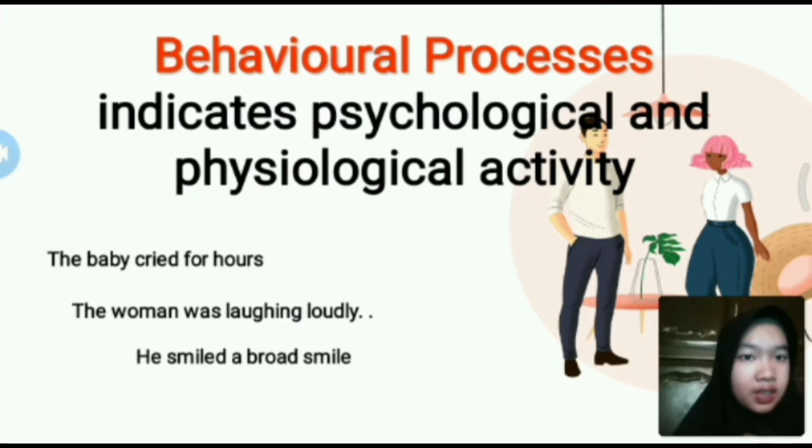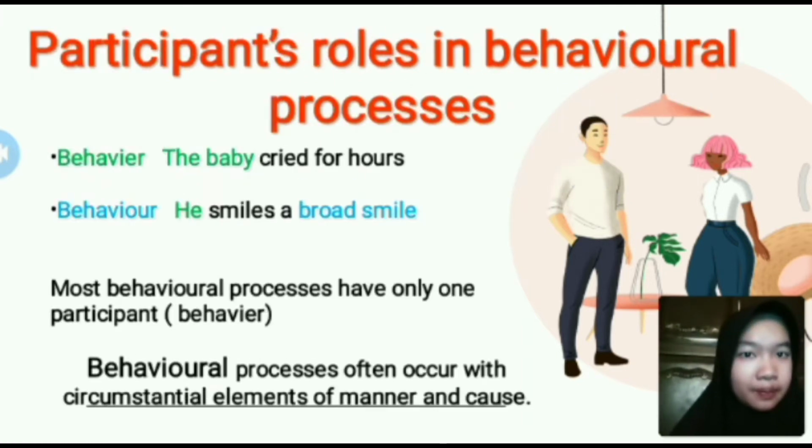Behavioral processes indicate psychological and physiological activity. For example, the baby cried for hours. The woman was laughing loudly. He smiled a broad smile. Participants' roles in behavioral processes: we have behaver and behavior.